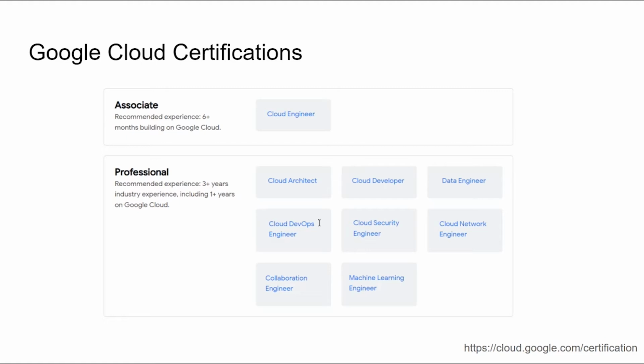So it's a good practice to start with the associate level certification, and if you were able to get familiar with the basics of Google Cloud, and you managed to pass the certification, then you can step forward and pass any of the professional level certifications.